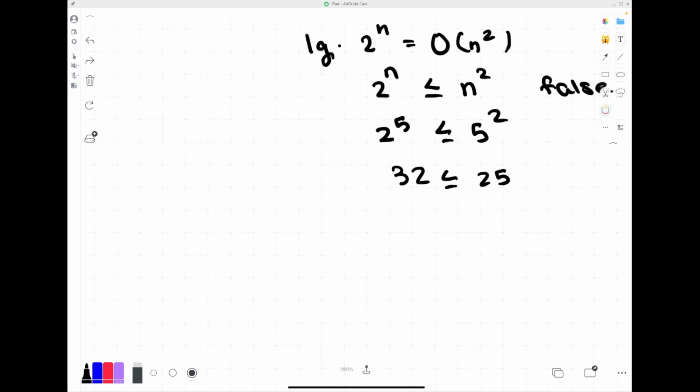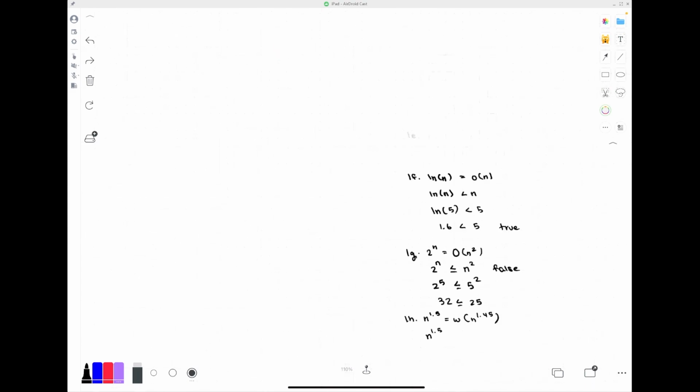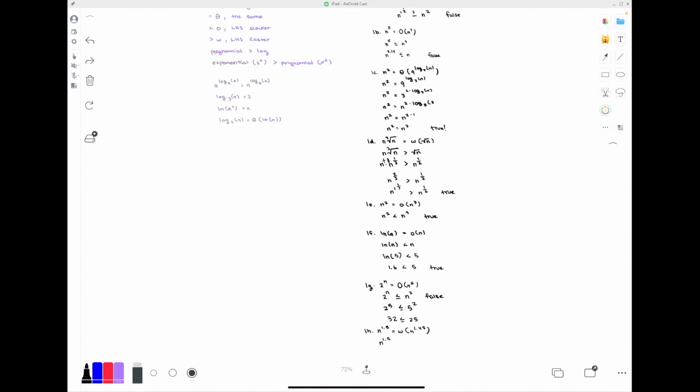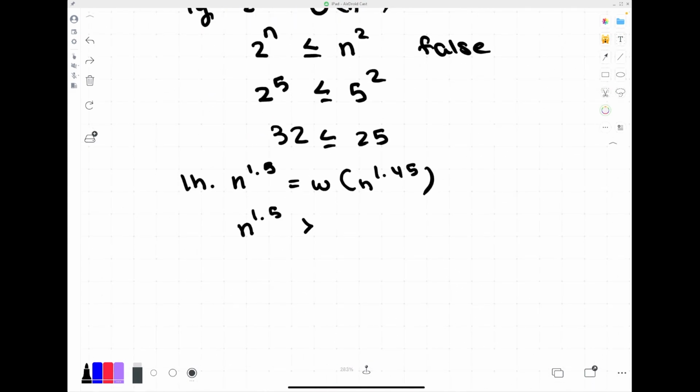And then we have 1h, which is n to the 1.5, little omega n to the 1.45. So n to the 1.5, little omega is greater than n to the 1.45.